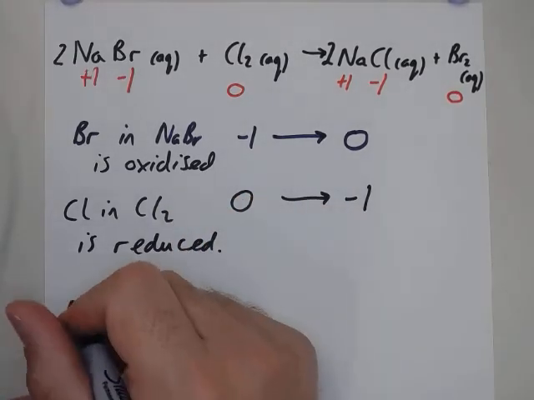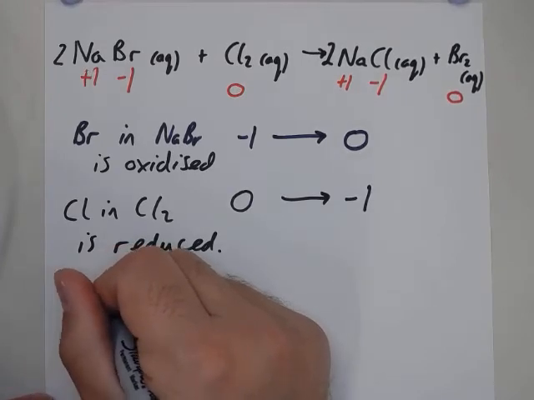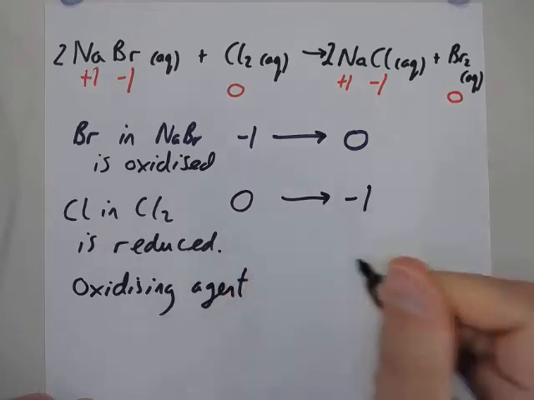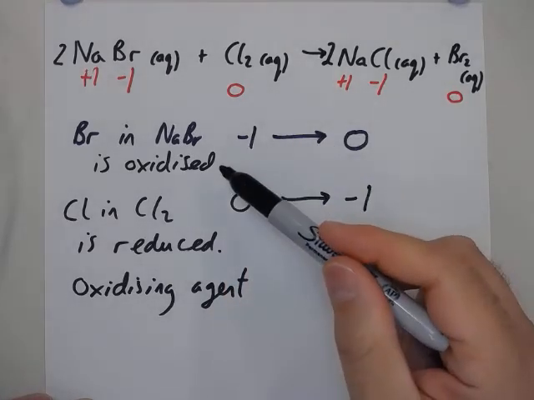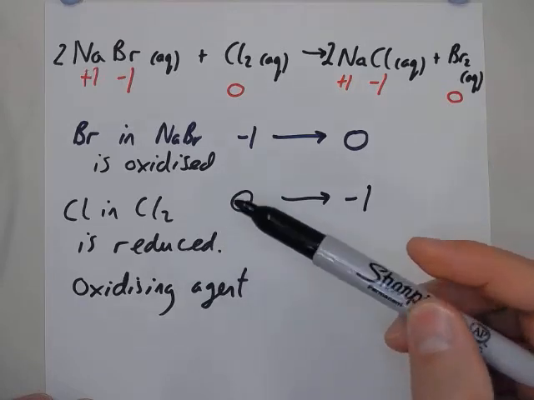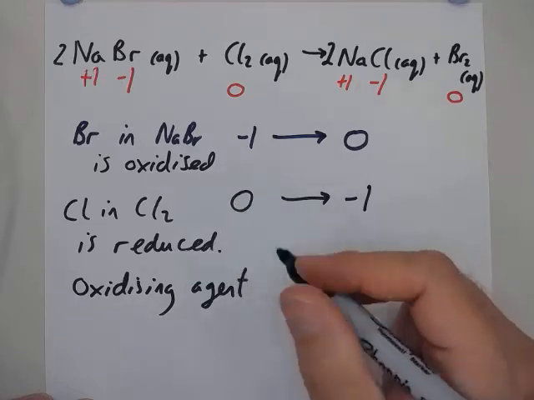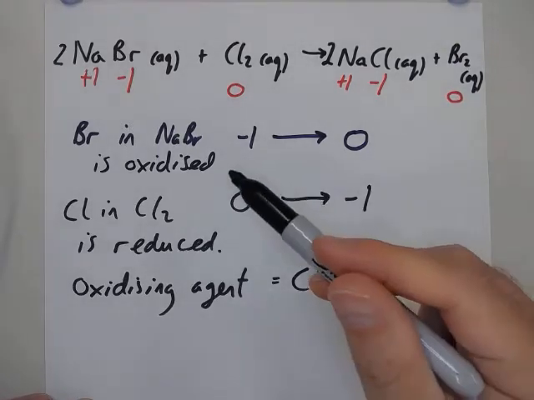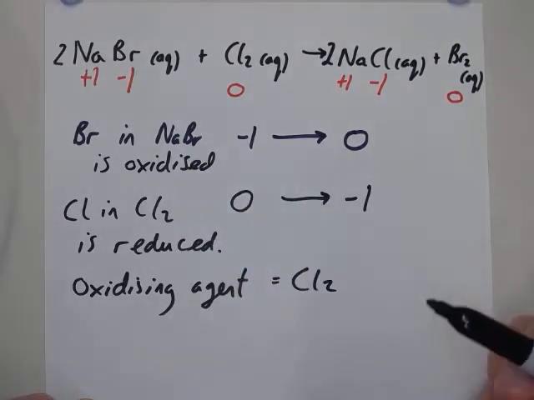So if you think then of the oxidizing agent, it's not the thing that's being oxidized, it's the thing that causes the oxidation. So it's going to be the thing that got reduced. So the oxidizing agent is Cl2. It caused the Br in NaBr to be oxidized.